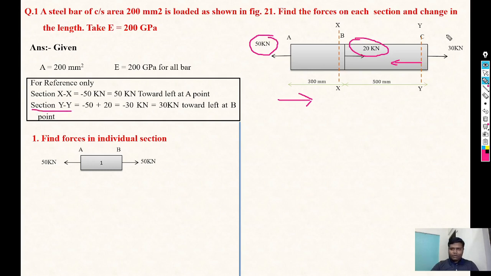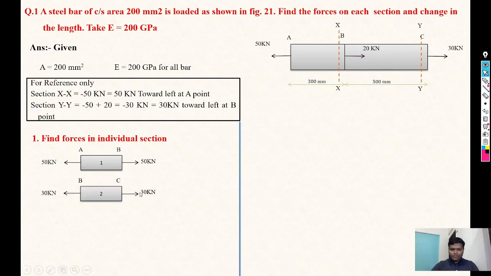So at section YY, 50 is towards left, so it's negative, and 20 is towards right, so it's positive. So minus 50 plus 20 is minus 30. Minus 30 means again we have to consider that force towards the left at point B, because we have calculated that force for the BC subsection, correct? So we will consider that the BC force is towards left, correct?